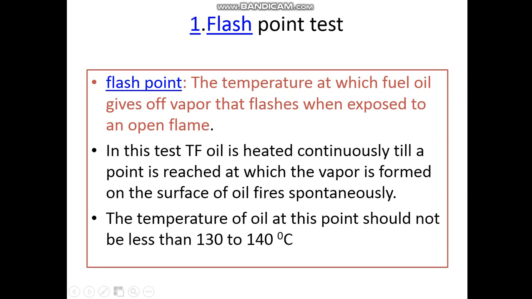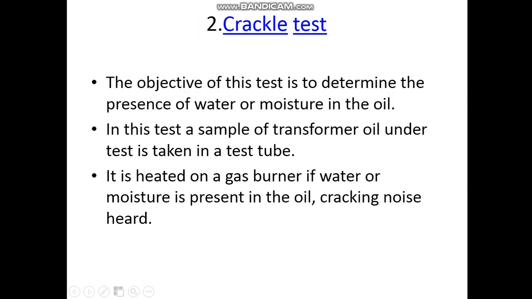Means when the vapor starts evaporating from the surface of the transformer oil, that point is nothing but the flash point of the transformer. Generally speaking, as per the IS, the temperature of the oil at this point should not be less than 130 to 140, near equal to 150 degree centigrade.